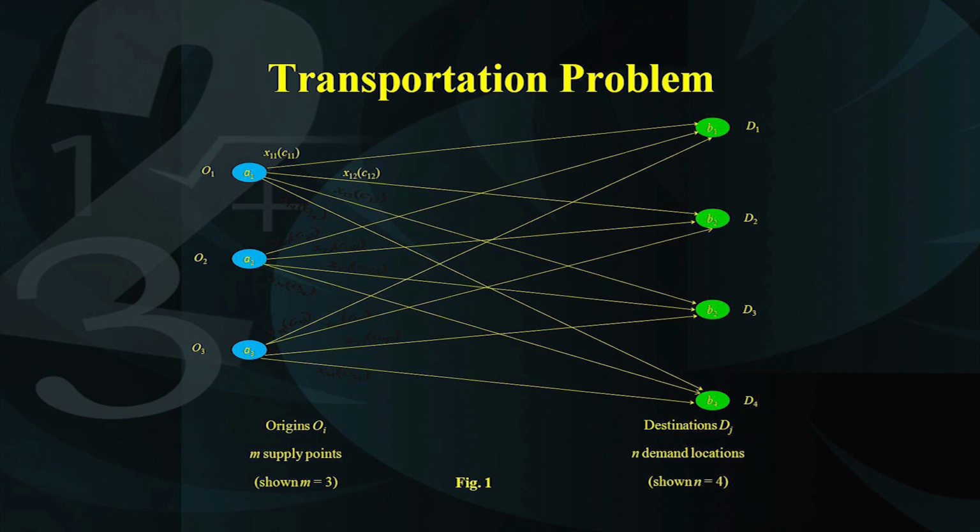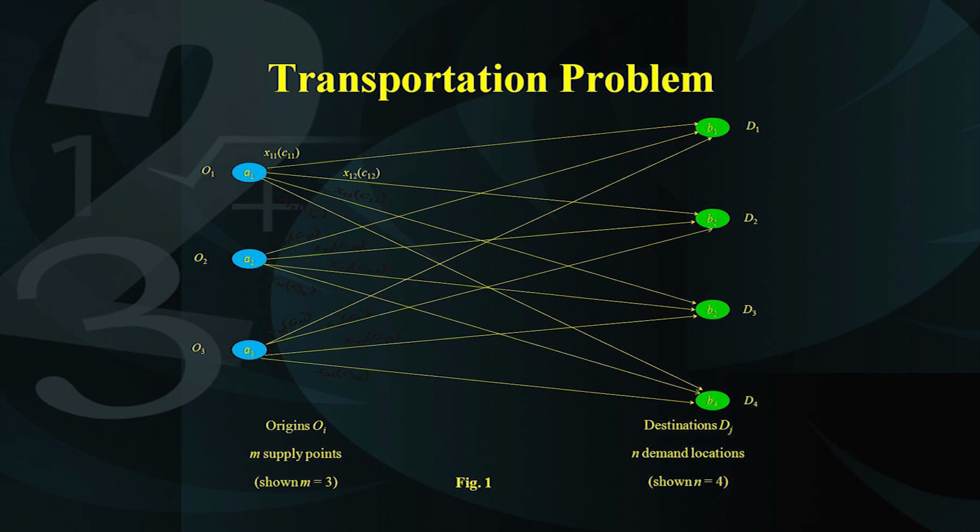From each of the sources, a commodity has to be transported to each of the destinations, and for the first source, the cost of transportation of that good to the various destinations is given to us.